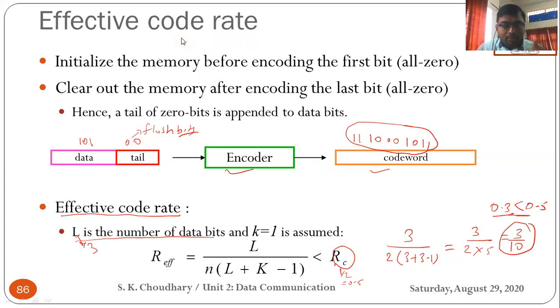There are different methods of convolutional encoder representation, like connection pictorials, connection vectors or polynomial, state diagram, trellis diagram, tree diagram. So these are the different methods available in the literature. We have now seen the connection pictorials. Next we will see the polynomial representation of the convolutional encoder. Then we will learn the state diagram, then the trellis diagram.